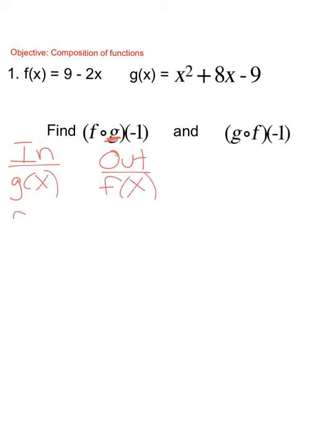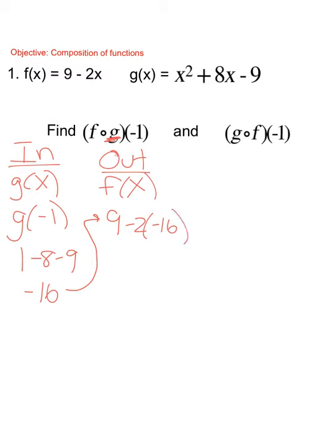So I'm going to find g of -1. Plug that in, I get 1 minus 8 minus 9. So that's -16. I'm going to take that and plug that into f. So 9 minus 2 times -16. 9 plus 32 is 41. So that's your final answer.